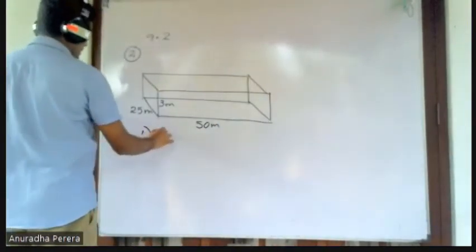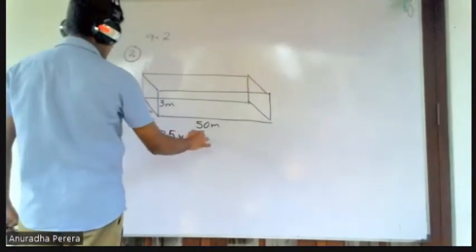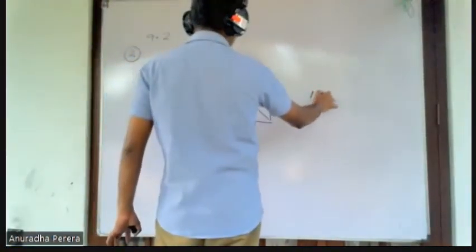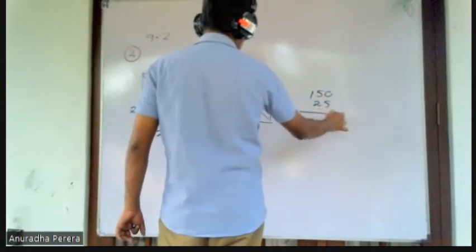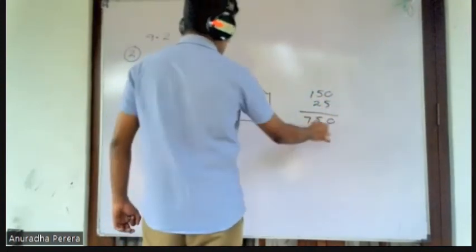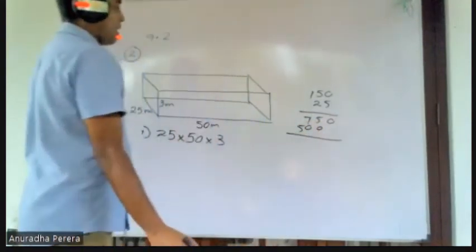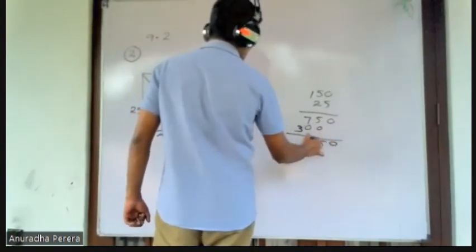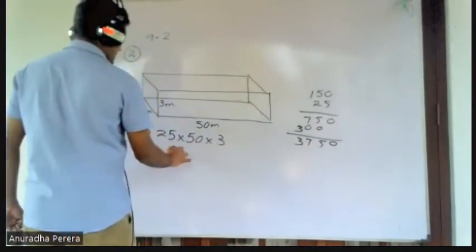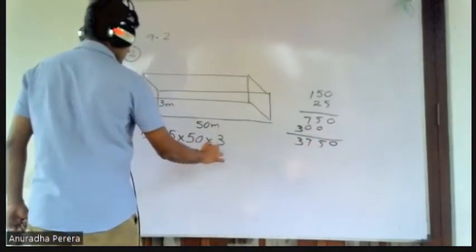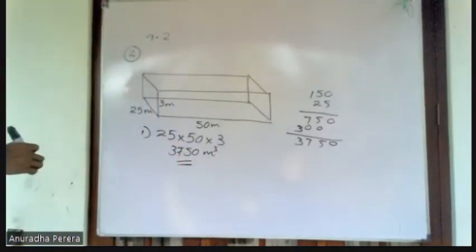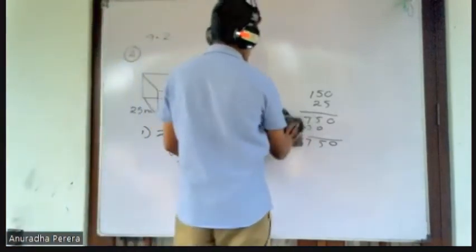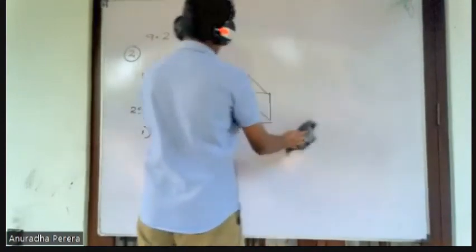Multiply 25 into 50 into 3. The answer is 3,750 cubic meters.